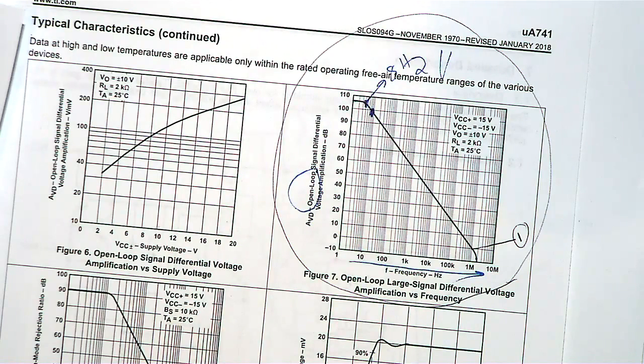Now when you have feedback, your bandwidth will be enhanced by the same multiplication factor, 1 plus k into A0, times omega 0. Previously for LM741, this omega 0 equals 3 hertz. But you can increase it to 1 plus k into A0 times 3 hertz if you are using negative feedback.